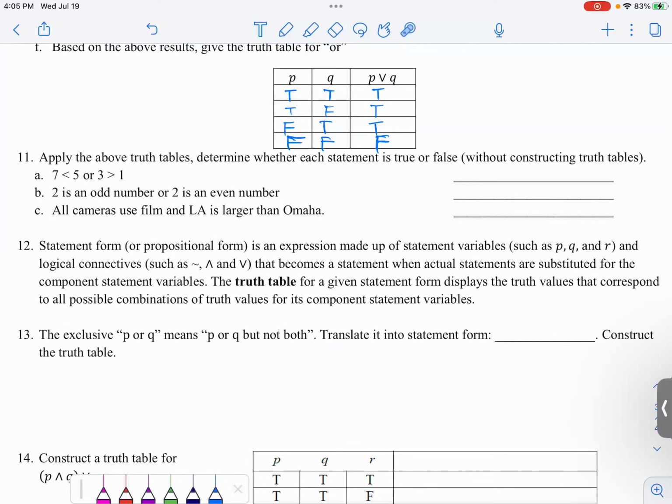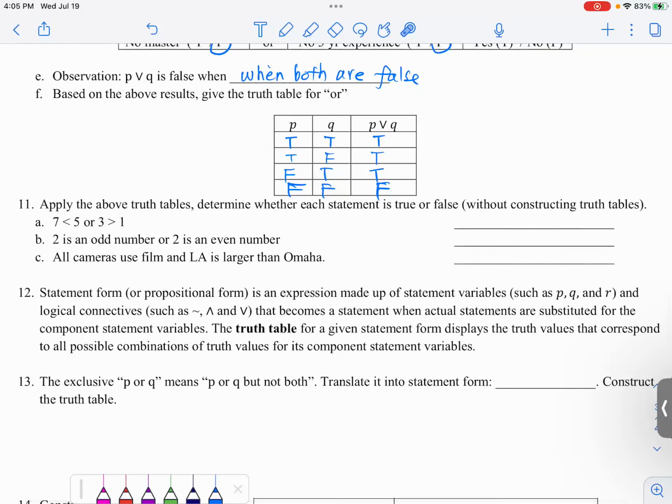Let's apply the above result. Determine whether this is a true or false statement. It becomes quite interesting to do those problems. So this is an or statement. Is 7 less than 5? No, that's not true. So you have a false value for this one. Or is 3 greater than 1?